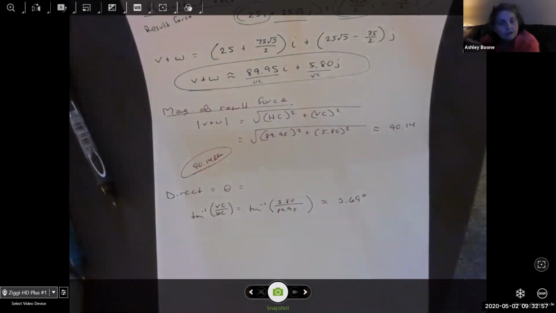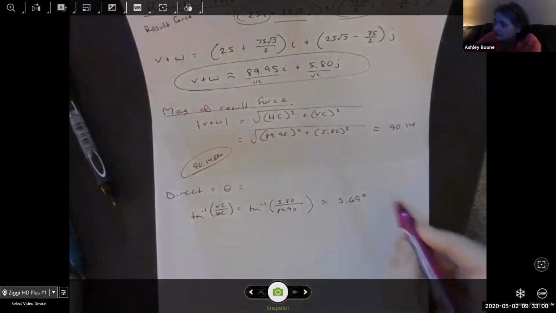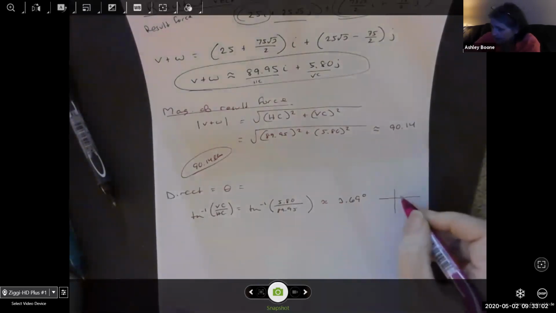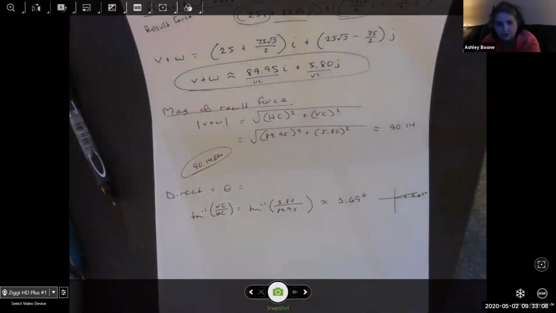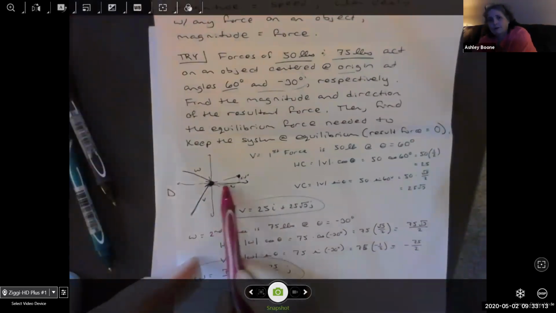Now remember, inverse tangent only puts you in quadrant 1 or 4. So that's right here, that 3.69 degrees. Notice when I did that sketch a minute ago, 89.95 to the right and up, that is a teeny little angle there.